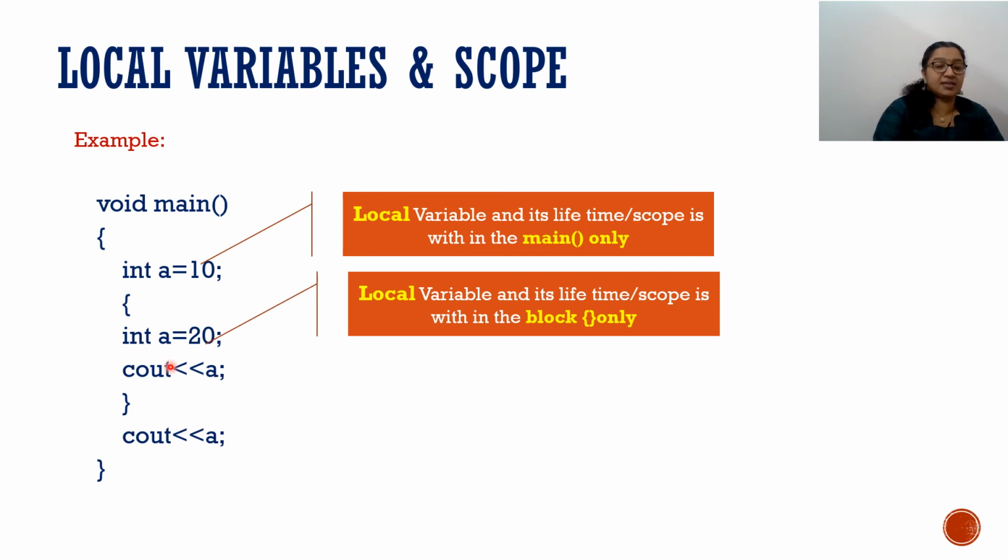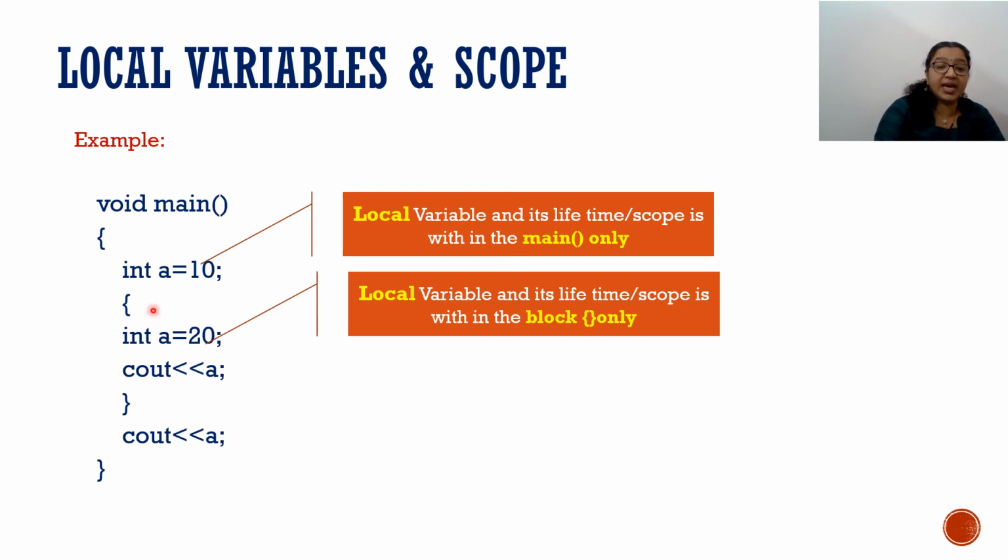We can access it. But confusion is there, is it? Cout A. So within this block, cout A is the statement here. So which result will we get? 10 or 20? 10 also can be accessed by this block, is it? Do you remember in the previous slide? The variables declared just above the internal block can be accessed by the internal one.